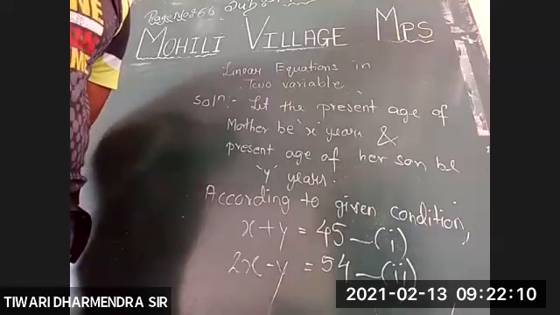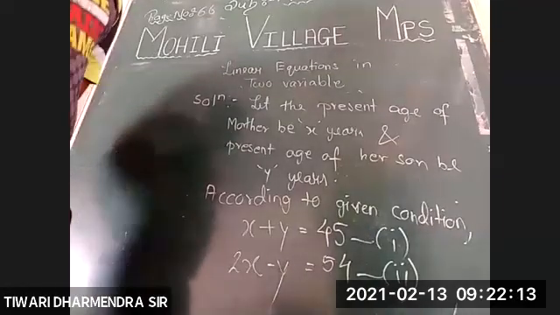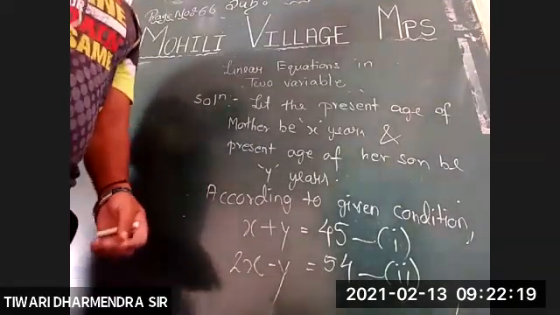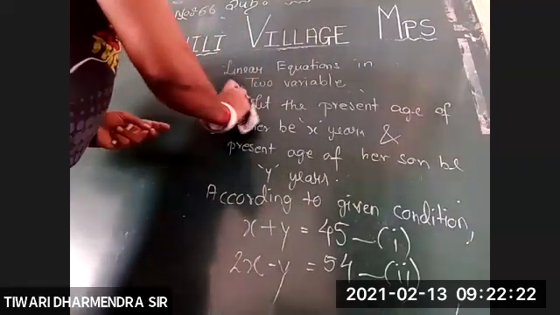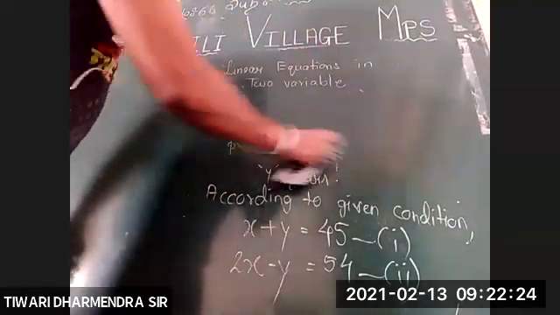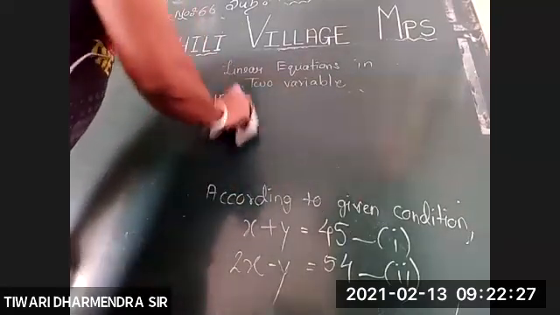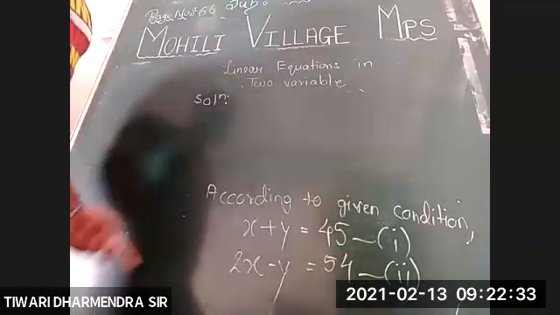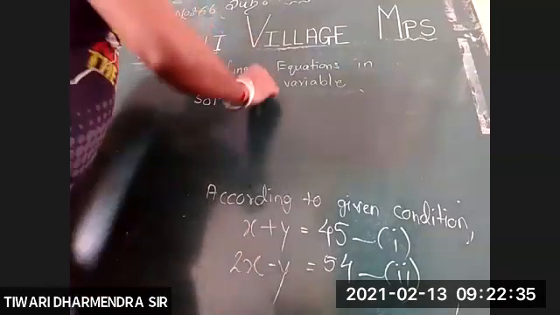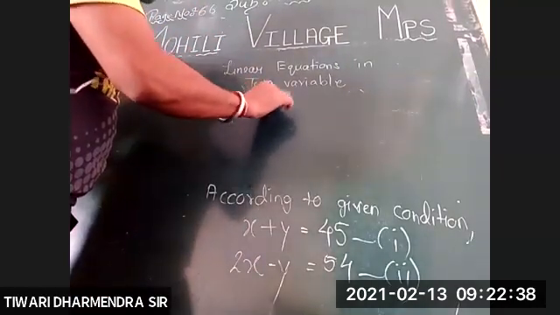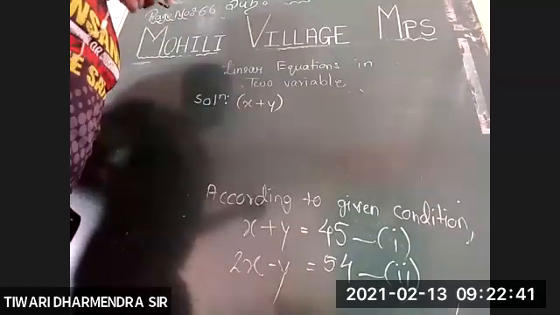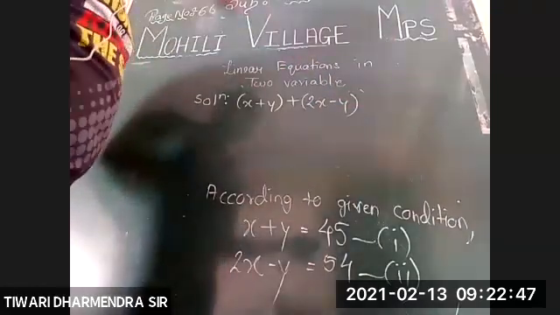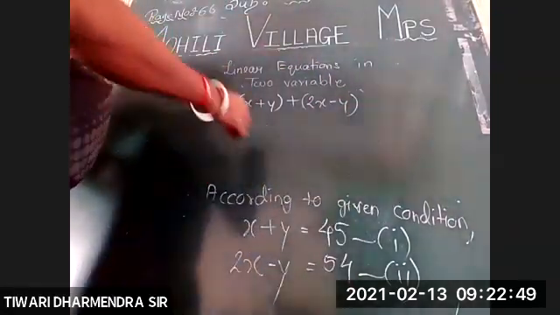So by using the horizontal method or vertical method, whichever you feel is better or have understood better, you can use. We should always use a method which will give us less error. So first equation is x plus y. I'm using horizontal. X plus y plus 2x minus y. I'm adding equation 1 and 2.